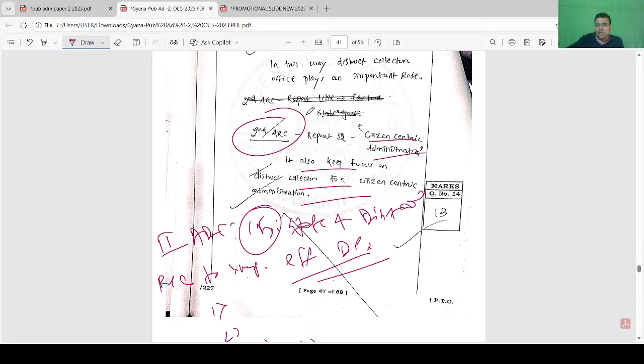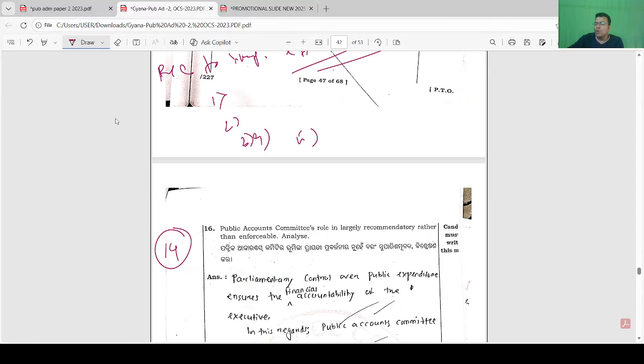The evaluator is happy that he has mentioned Second ARC. But don't write Second ARC, write Second Administrative Reform Commission. Because sometimes the evaluator is lenient, but you cannot expect that every year the evaluator will be lenient on you.